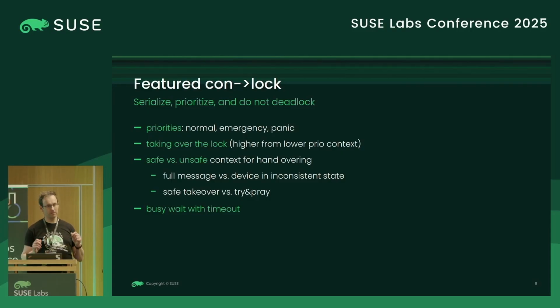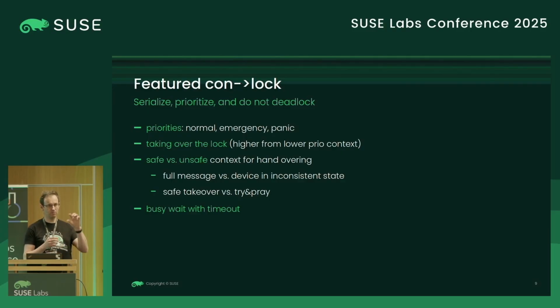So the lock also allows taking over the ownership from a lower priority context to a higher one, and it is able to distinguish when it's safe and when it's not. So for example, on the serial console, when you print characters and you are flushing one character, then you are manipulating the serial device.